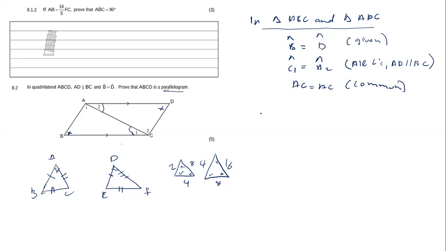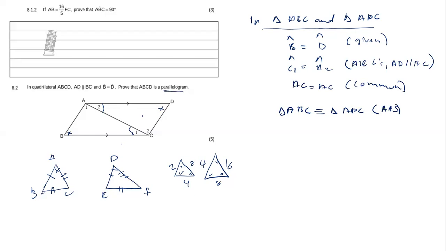Now, in these two triangles, you can say triangle ABC is congruent to triangle ADC. And you give the reason why you say those two triangles are congruent: because we use the angle and the side.